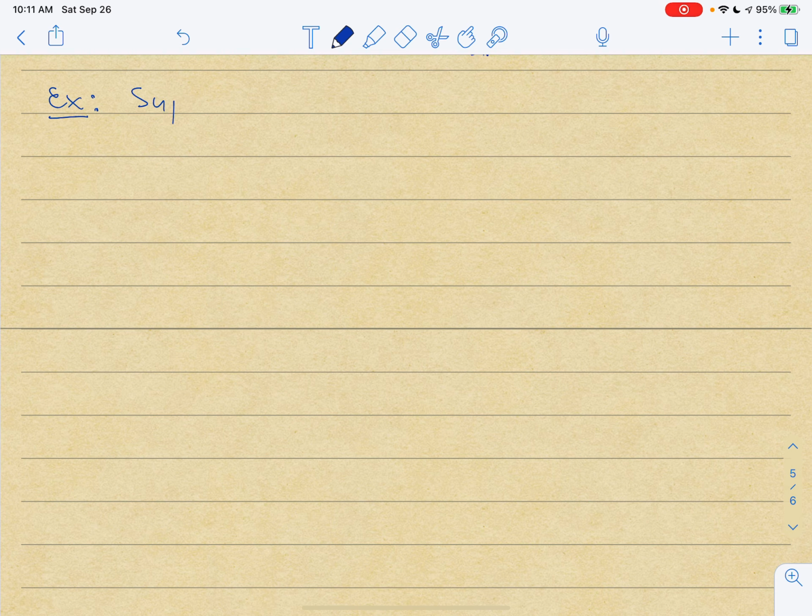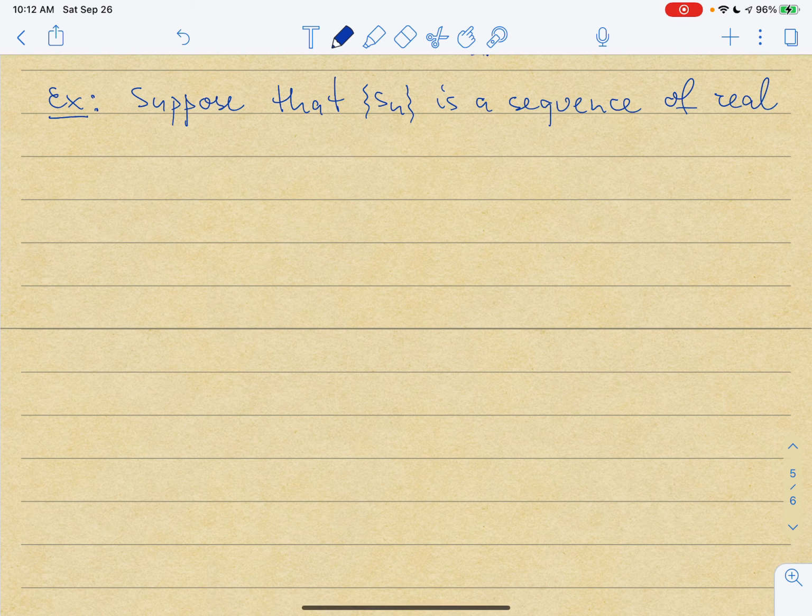So let's suppose that Sn is a sequence of real numbers such that Sn is not equal 0 for any n.